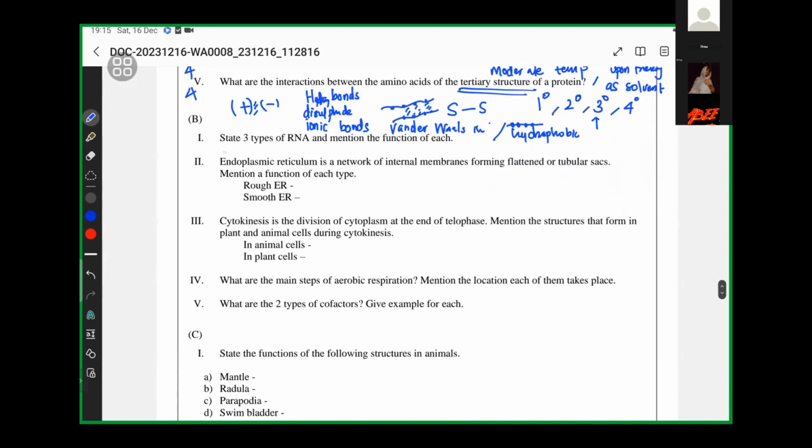So the next question is state 3 types of RNA and mention the functions of each. So you know mRNA, which is known as messenger RNA, tRNA, transfer RNA, and the rRNA. So you all know in the cell we have the nucleus. In the nucleus we have the DNA like this. So the DNA has the nucleotide copy of everything this body needs to do.